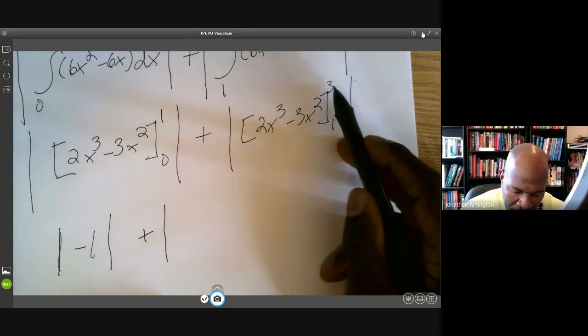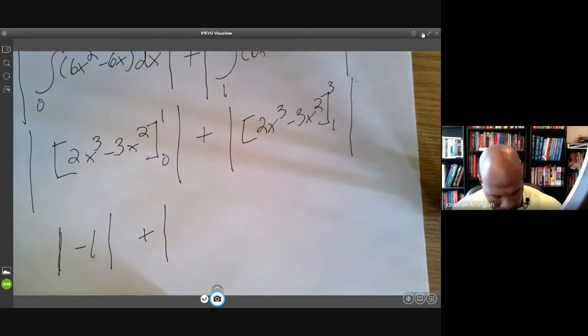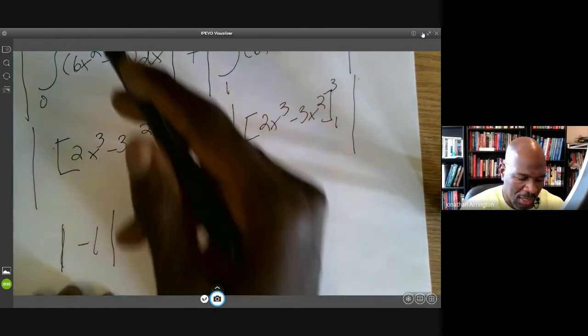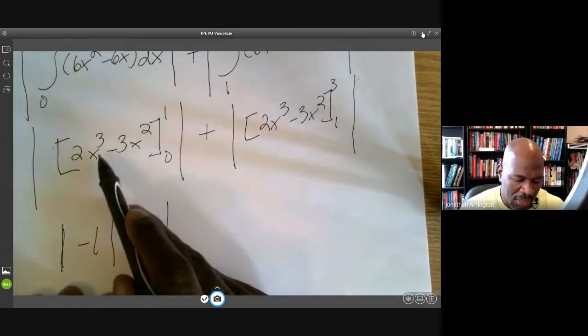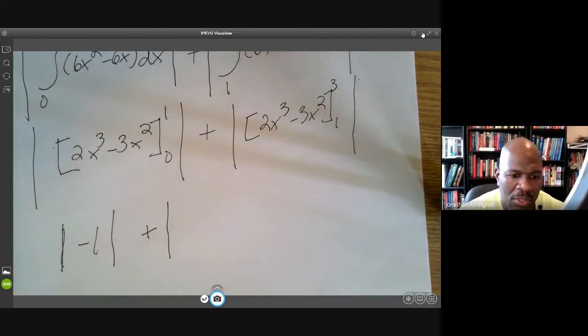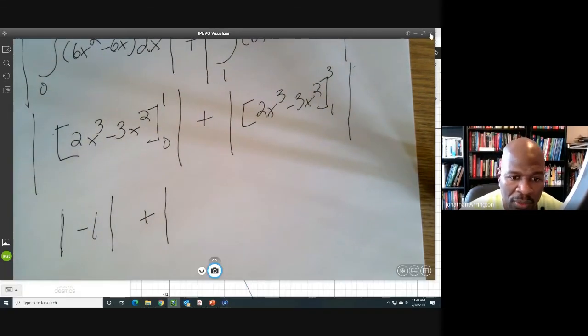So first, I'm going to plug in 3. Now, if you notice, on this one, I got a negative number. So that means this one, and again, we did f minus g, was in the wrong order, which we kind of know if we take a look back at the graph.